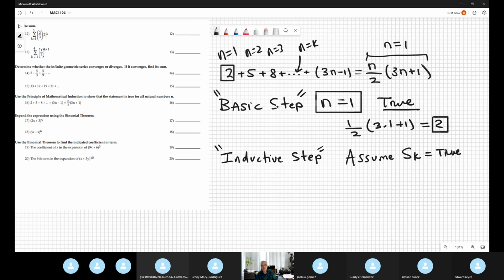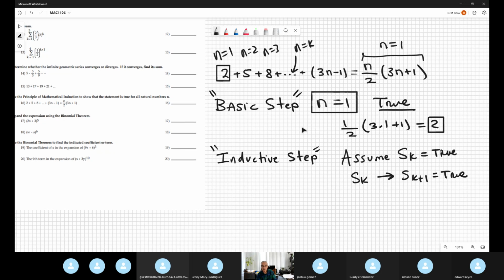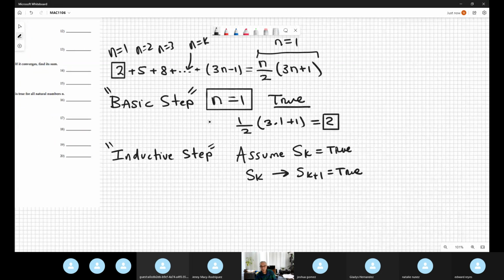Totally arbitrary. So k is smaller than m. I assume it. If you are able to prove that S sub k implies that S sub k plus 1 is true, this continues forever, like stairs.